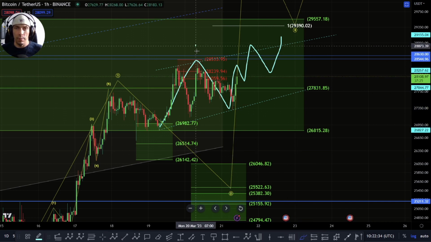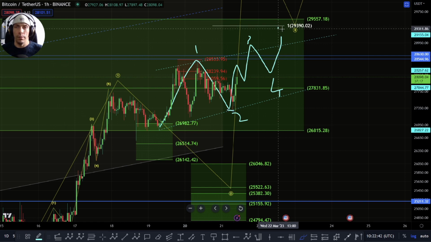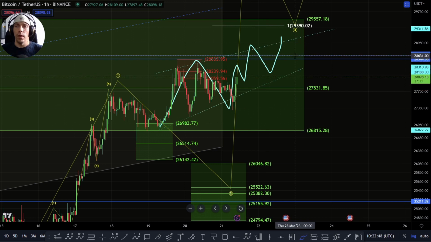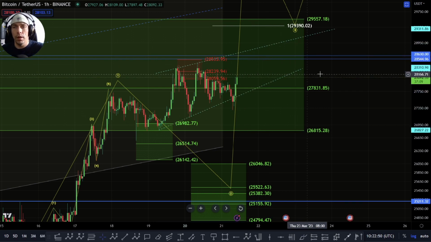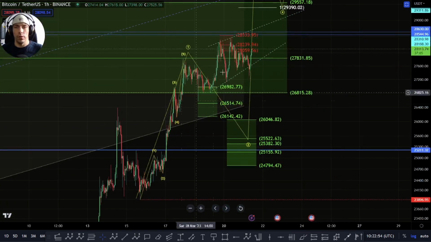And then this would basically become 1, 2, looking for 3, look for a fourth wave above this wave 2, and then potentially a fifth wave to the upside. So that's why I'm still keeping an eye out within this box area here. Really, until we actually break out of it, I'm being a little bit cautious because this could actually end at any point here.